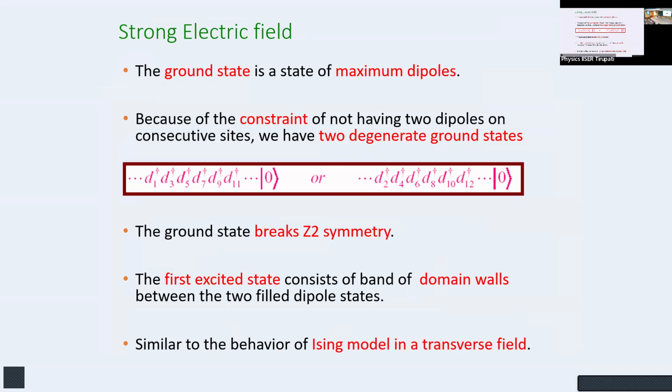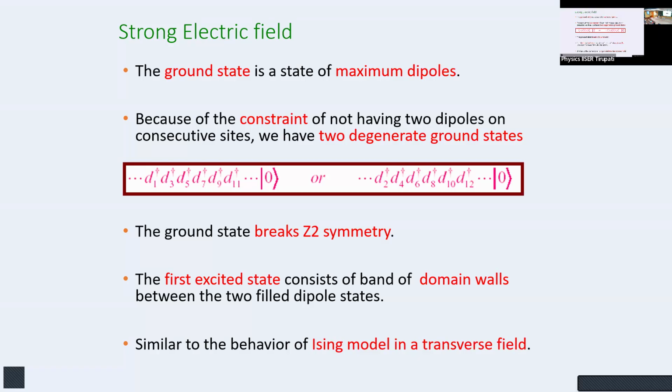There are these two equivalent ground states, one with dipoles on the odd links and another with dipoles sitting on the even links. When the system chooses one of these, it breaks a Z2 symmetry. This is clearly like an Ising system where all spins can either point up or down.